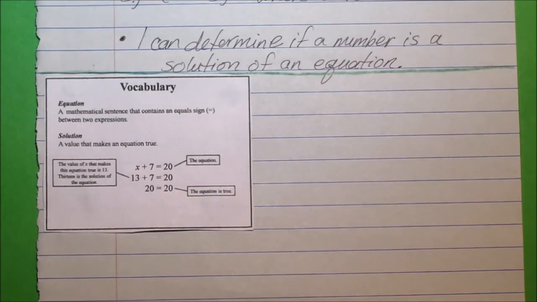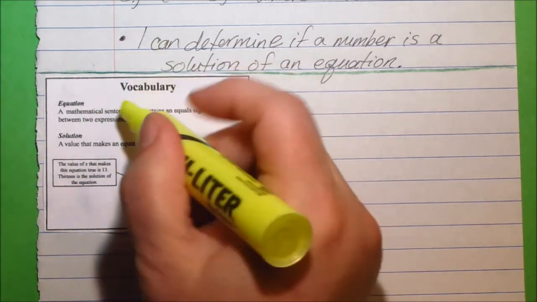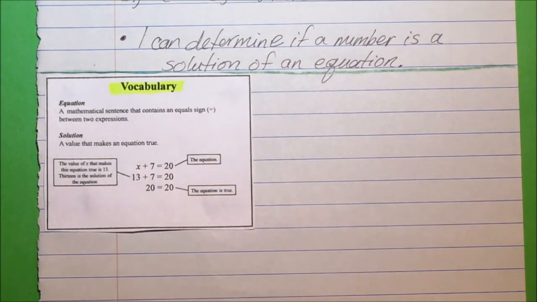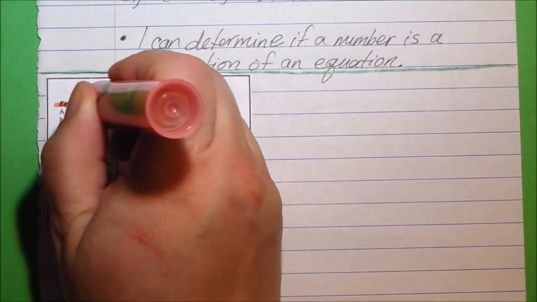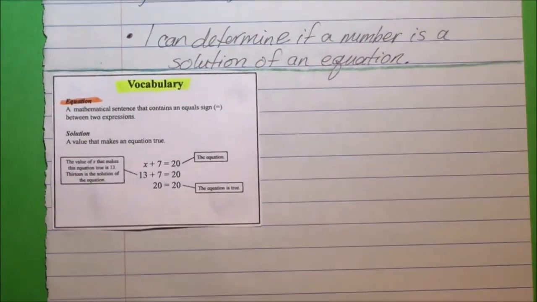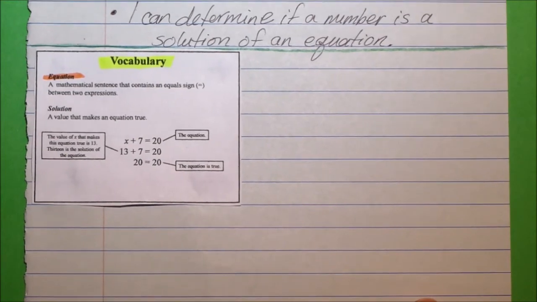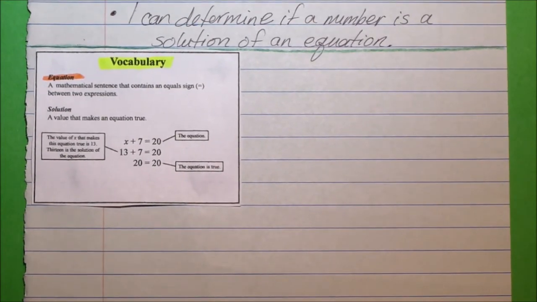So we've got our little vocabulary sheet. We have some new pieces of vocabulary to talk about. First, I'm going to highlight. Okay, vocabulary. And then equation. So our actual definition for what is an equation is, it says here, a mathematical sentence that contains an equal sign between two expressions.